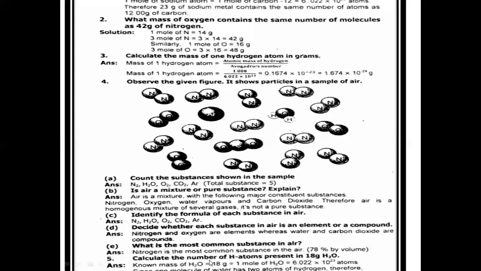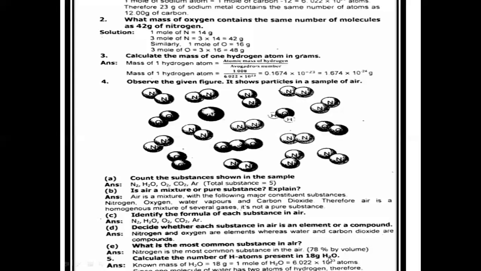The mass of 1 mole of water is 18 gram, and 1 mole contains Avogadro's number of particles. Okay, 1 mole contains Avogadro's number of particles. So if we have 1 molecule of water, it has 2 hydrogen atoms because they asked about the hydrogen atoms.